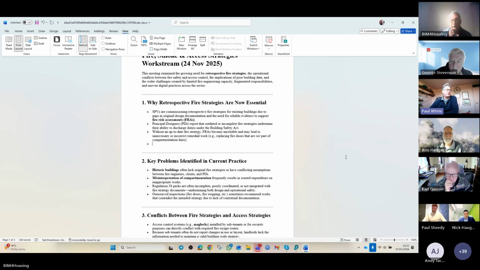Somebody might have made design decisions, but you can't go into a building without a fire strategy if you don't know where the compartment lines are. You don't know what the requirements for the compartments are, because you can't check your products correctly if you don't have that level of information.